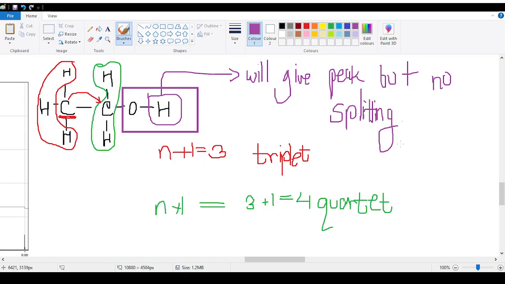No splitting. Is that fine? So the usual rules you can follow only for the hydrogens that are joined to carbon atoms. Is that fine? All right, so we can expect a triplet, a quartet, and a single line.